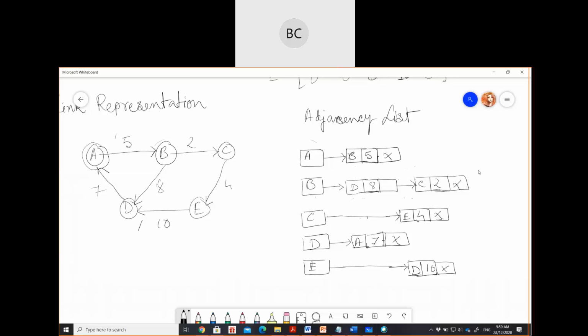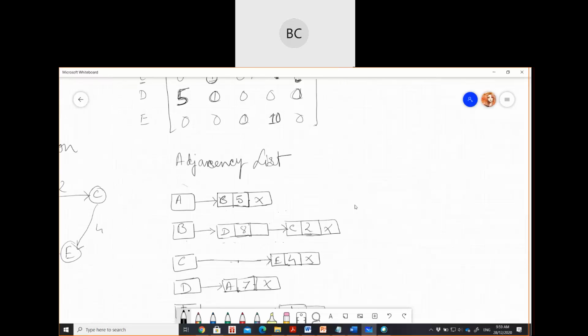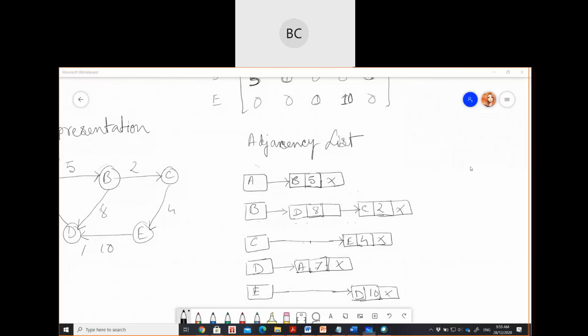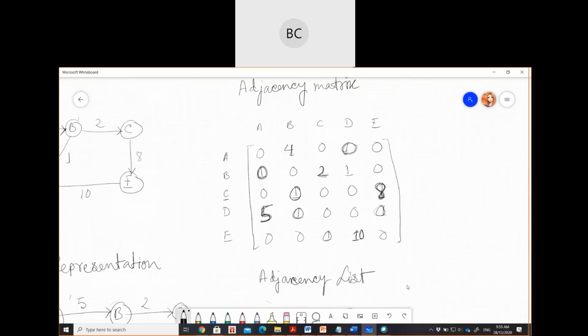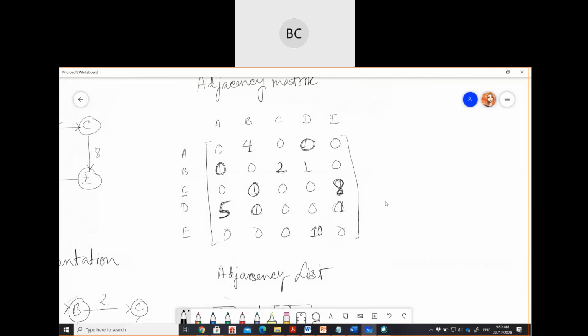Okay, so can you tell me which one is more advantageous? Which one will take more space? What will be the space requirement for your adjacency matrix? The space requirement for the adjacency matrix will be V by V, vertex by vertex, because you are storing all the vertices kind of twice.